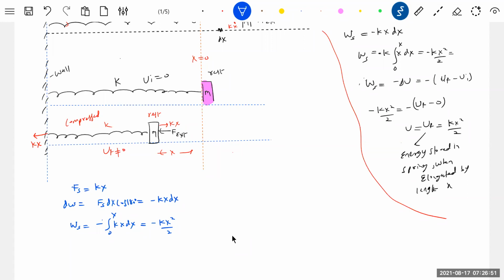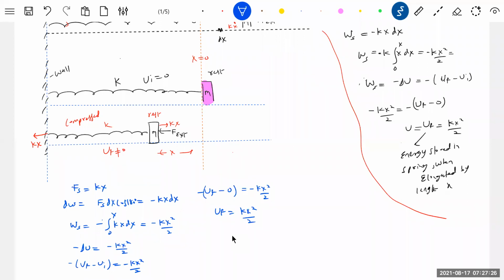It's a conservative force, so that should be equal to minus delta U. What do you mean by minus delta U? It should be equal to minus of UF minus UI. The initial energy is 0, the final energy is what we are calculating. So that should be equal to minus kx square by 2. So therefore finally, what is UF equal to? So what is the work done by the spring force? It does negative work. Potential energy of the spring will increase.